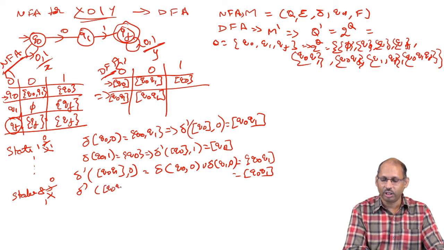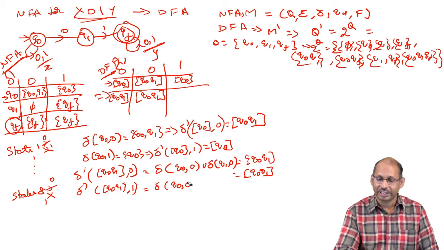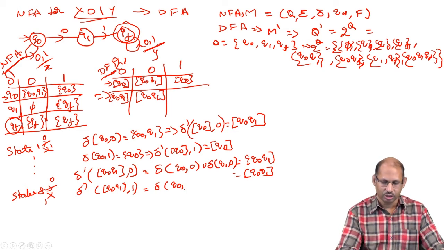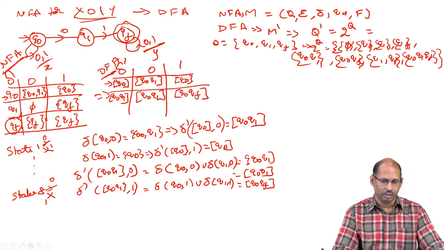Single state Q naught, Q1 on 1: we consider the NFA Q naught on 1 union with Q1 on 1, which results in Q naught, QF. Q naught, Q1 already considered.